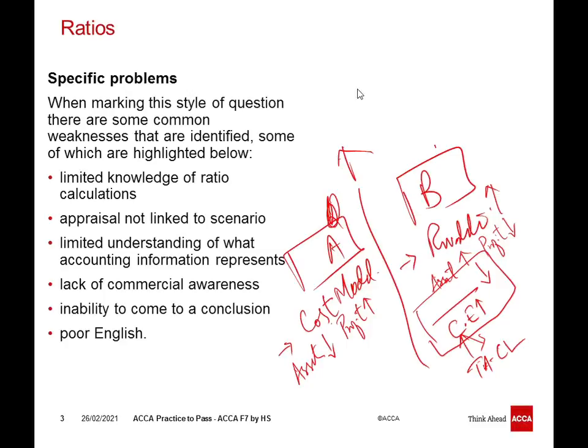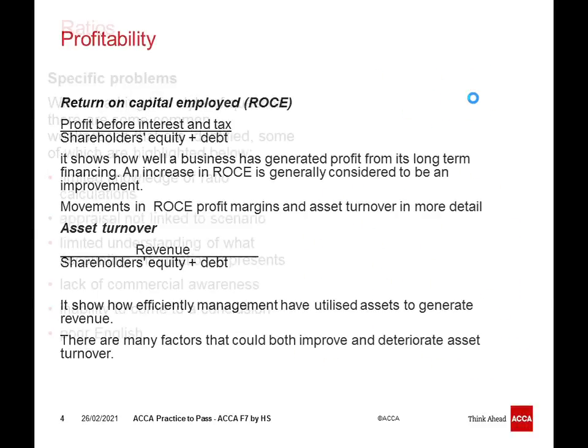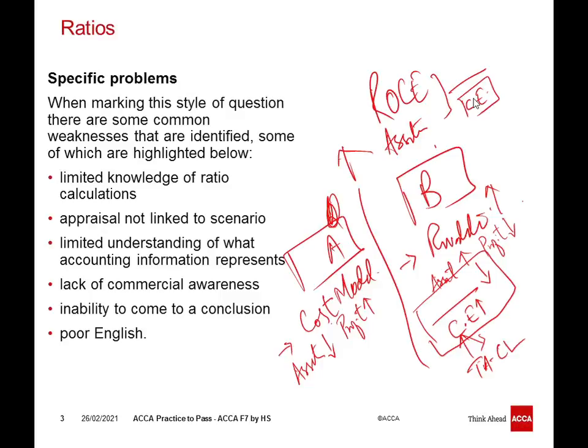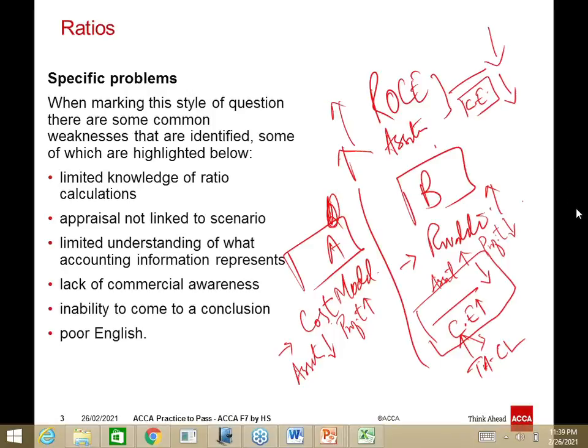We use ROCE and asset turnover, the two ratios in which we have capital employed in the denominator. So when there is an upward revaluation, these ratios will always be understated. And similarly, when there is a downward revaluation during the year, these ratios will be overstated.